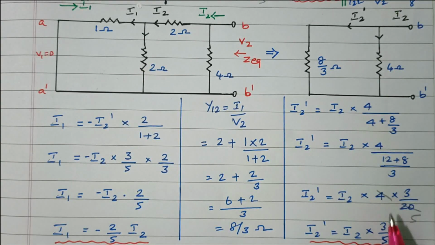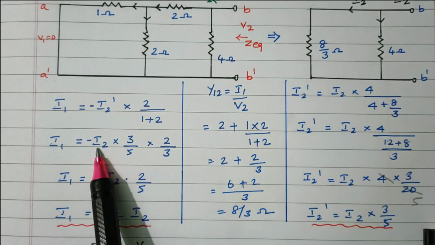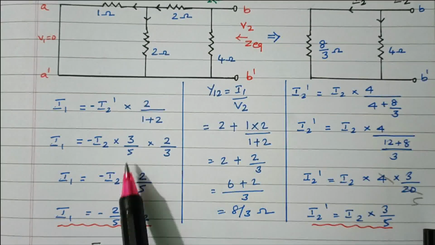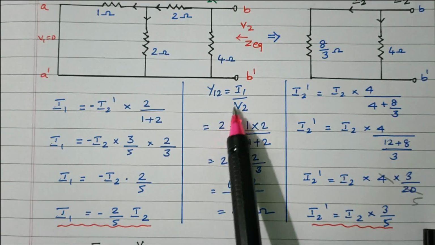By simplifying this we got I2 dash equal to I2 into 3 by 5. This 3 by 5 I2 is substituted here. After simplification we got I1 equal to minus 2 by 5 I2. Right, I1 is what we needed.